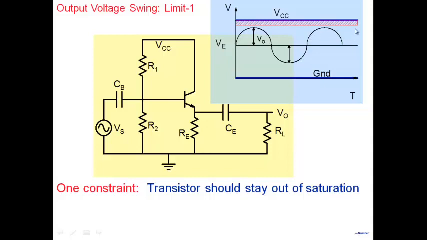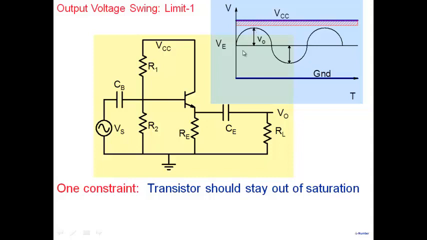Note what happens: as this voltage goes up, my net emitter voltage is going up. Collector voltage is fixed at VCC, and therefore my collector-emitter voltage is dropping, and I must ensure that my transistor does not go into the saturation region. That's why we've drawn a band here of around 0.2, and what I'm interested in is that at its peak value it should not go into this particular band.